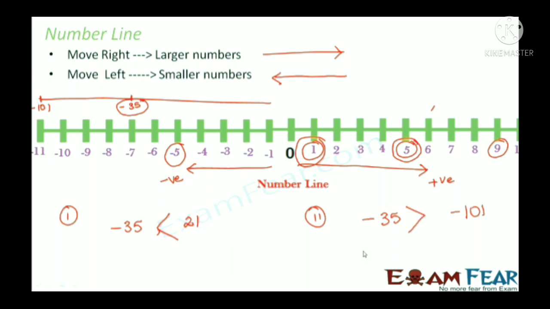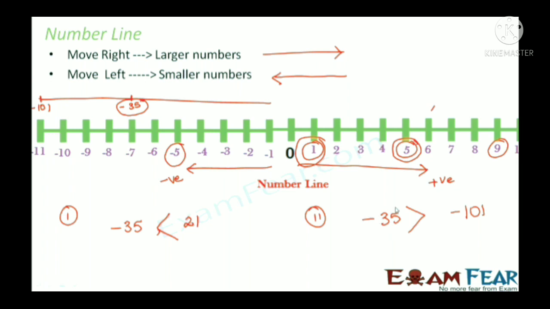So the simple tip that we need to remember is, if you need to compare two negative numbers, which one is bigger and which one is smaller, the number which is a smaller number will be overall a bigger number. For example, in this case, both the numbers were negative, right? So what you do, just compare the value of the number.